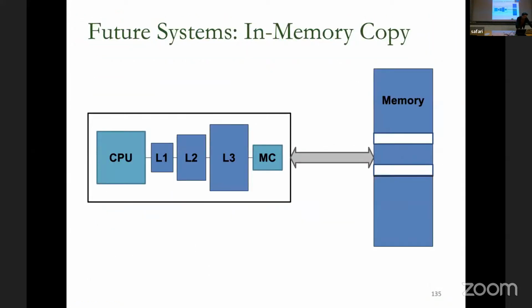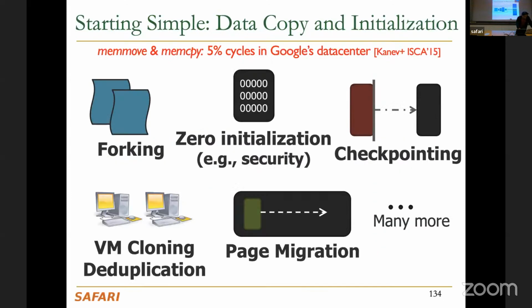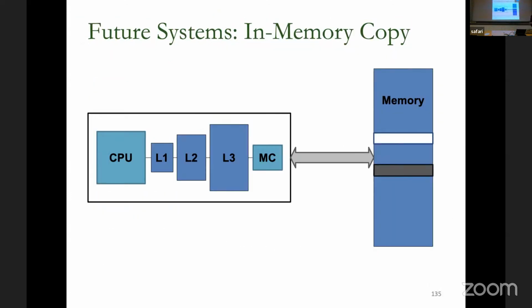And the problem is that, here I have a simplified slide. The problem with memory copy is that if you want to copy from here to here, first of all, you have to bring this whole part of the memory, say this DRAM row, for example, all its contents, maybe 8 kilobytes or something like that.